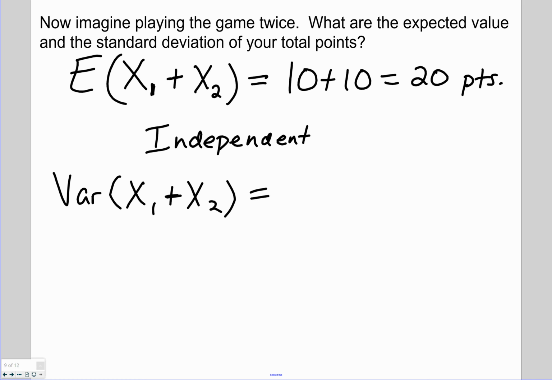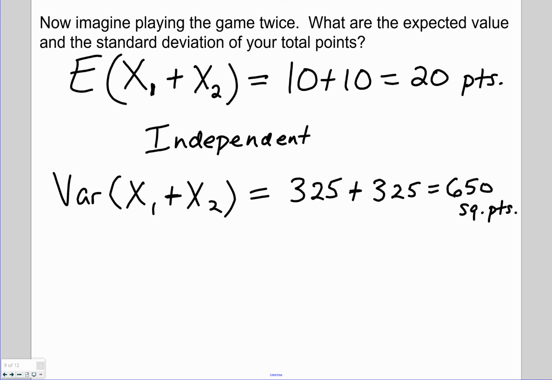Okay, so what was the variance for playing the game? 325 squared points, right? And we're going to add 325 to get 650. And what are the units? Squared points.